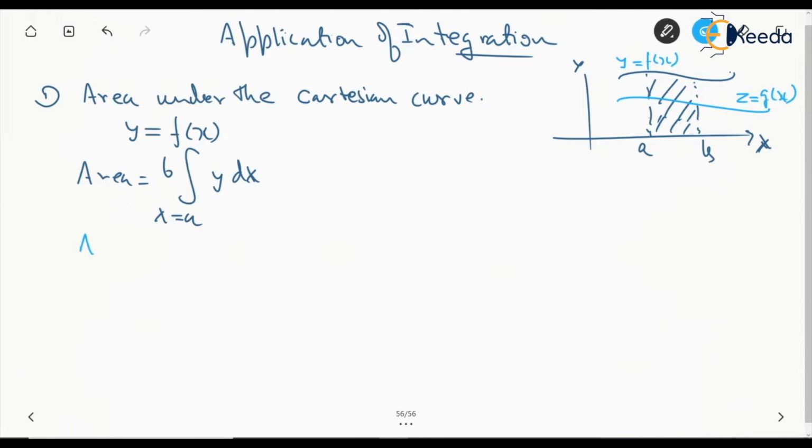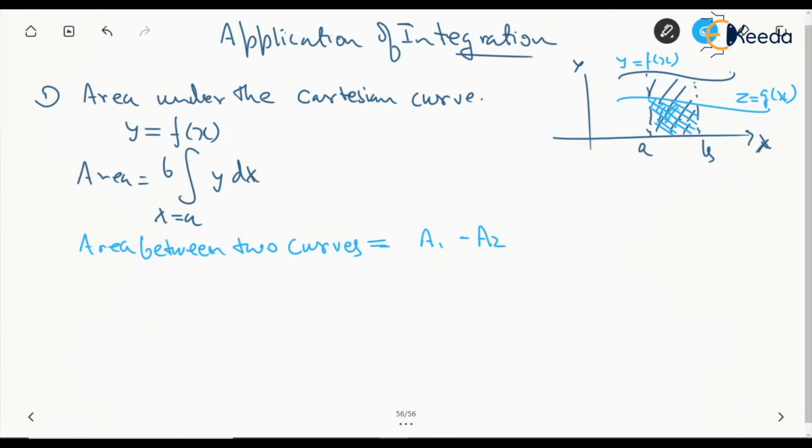This is area between two curves. This is going to be the area under this y and the area under this. If this is a, this is going to be a1 minus a2, right?